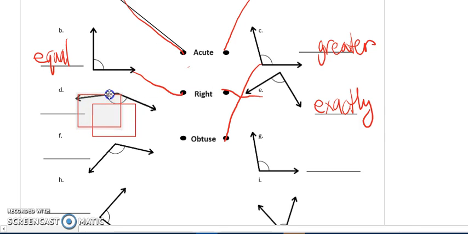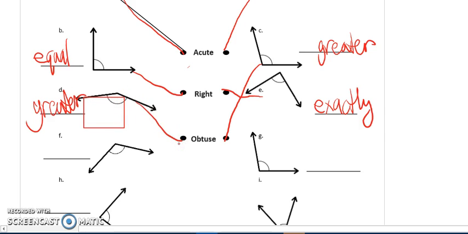I really can't get it to line up properly. But I can already tell that if I did turn my paper straight, that this shape would in fact be greater than 90 degrees, and anything greater is obtuse.